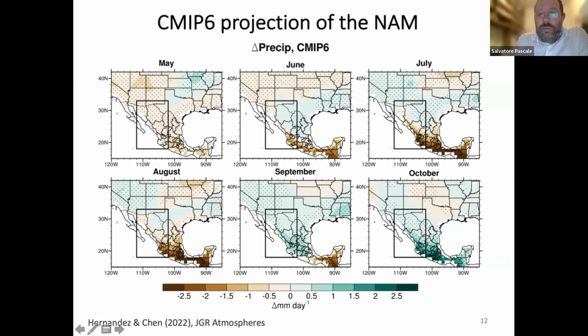And it's most prominent in June, July, August, whereas there is a reversal of the sign in the late summer, early fall. Also, if you look at the core region of the monsoon, you see that again trends are not strong. For example, if you look at the state of Chihuahua or Sonora or Sinaloa, which are the really core monsoon regions, there are not strong trends overall, okay?